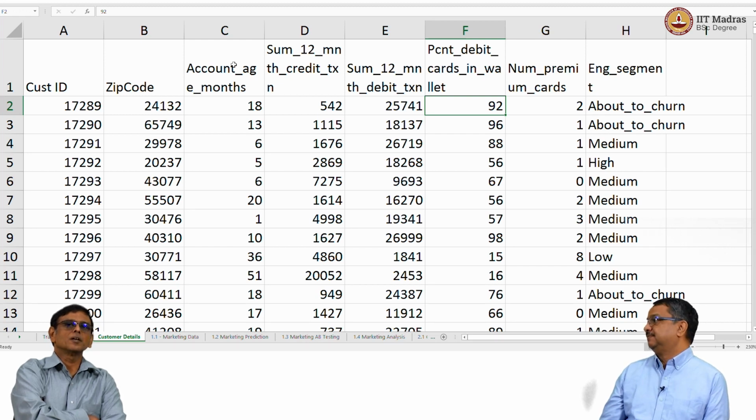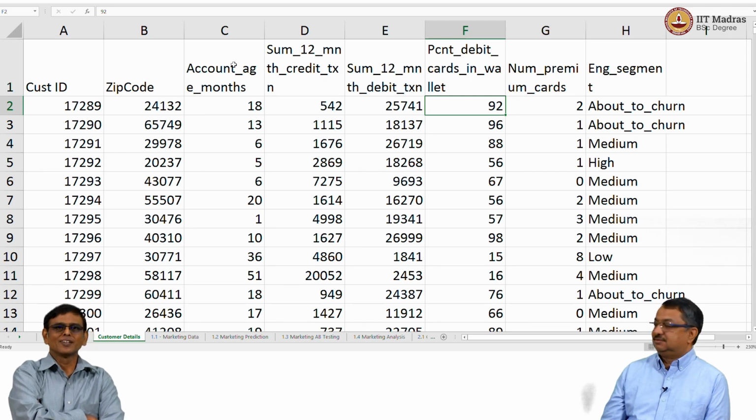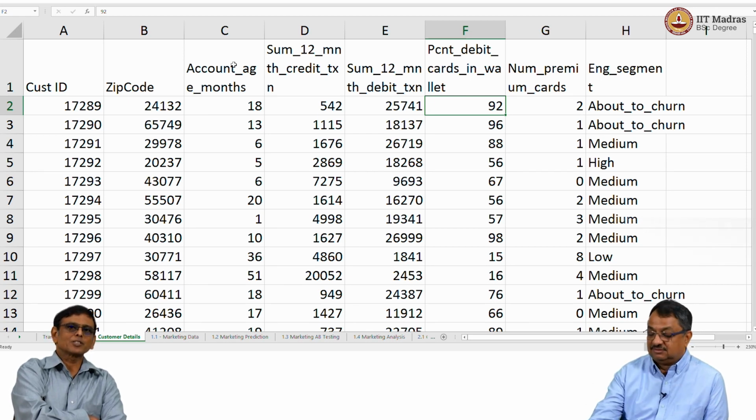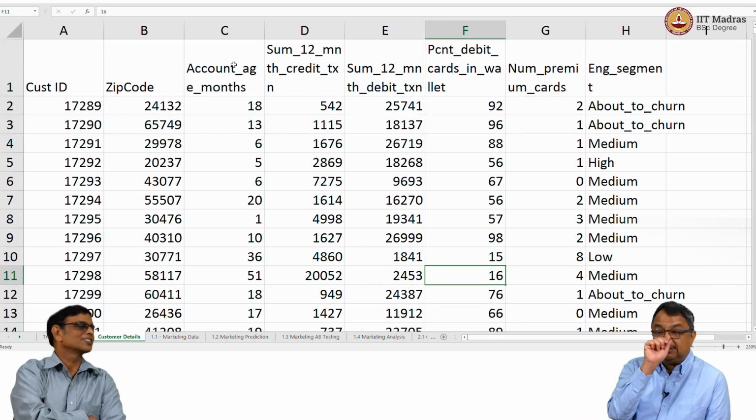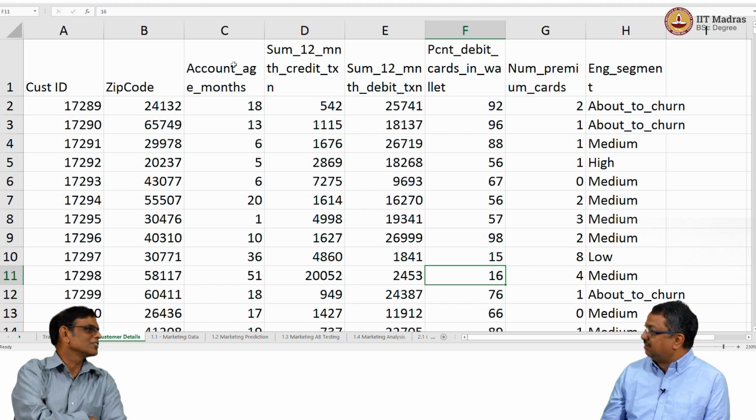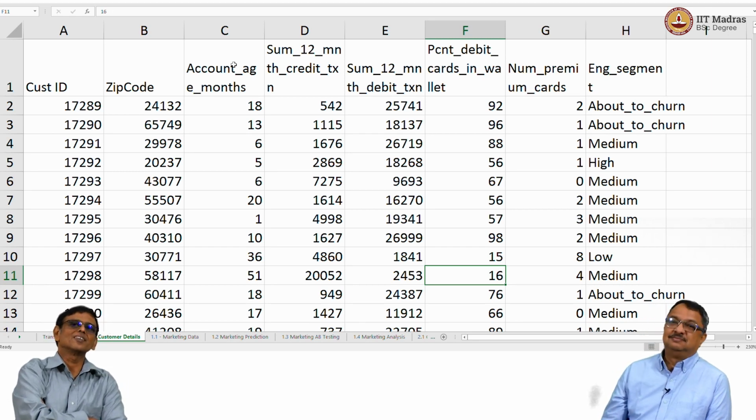So if the person had 25 cards stored in his wallet, only 2 were credit cards. That fellow with 51 months has only 16% debit cards. So he maybe has one debit card and probably five credit cards. So that's another indicator: who has more credit cards versus debit cards.